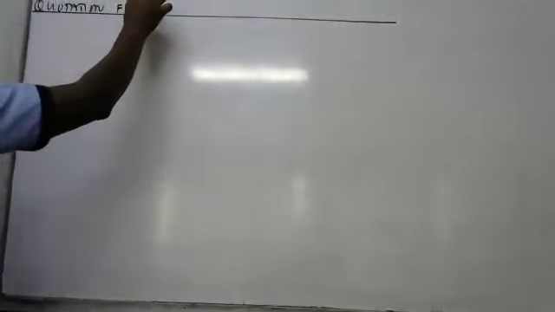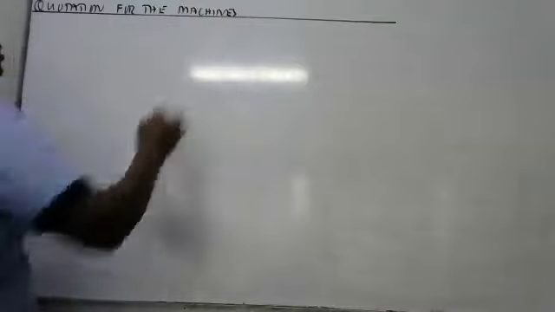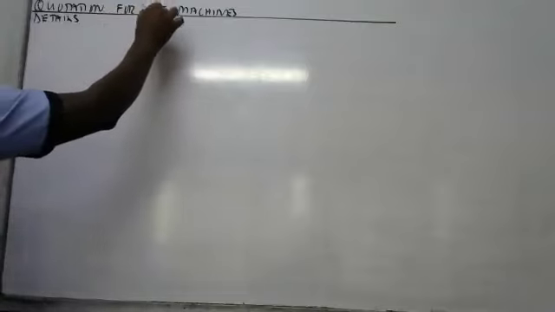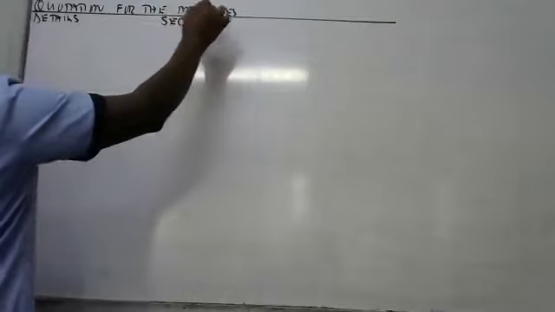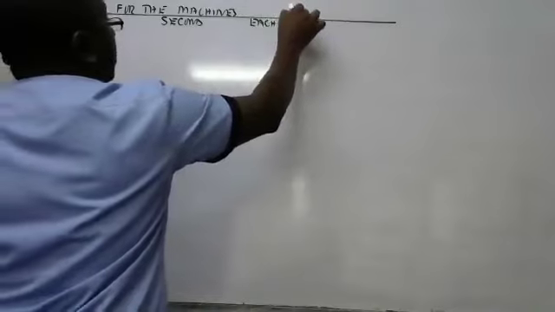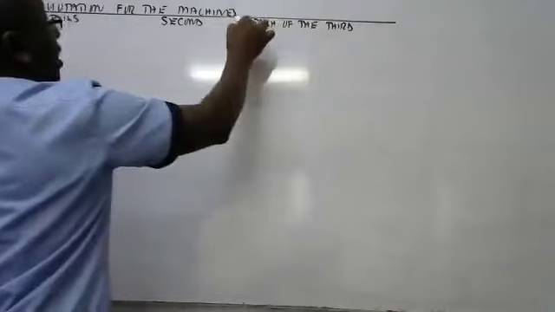So we can now do the quotation for the machines. For the machines, we will have a column for the details, a column for the second, and a column for each of the third and fourth.